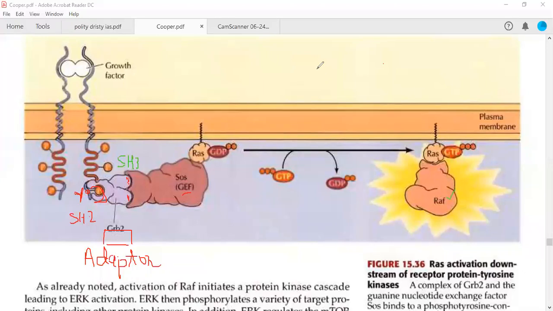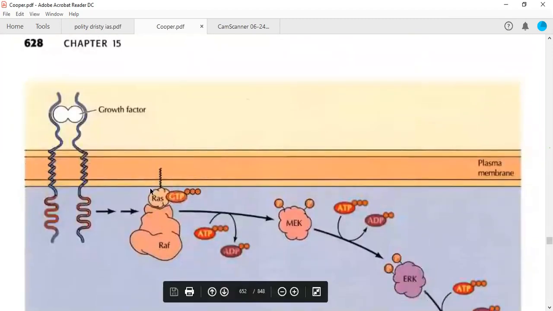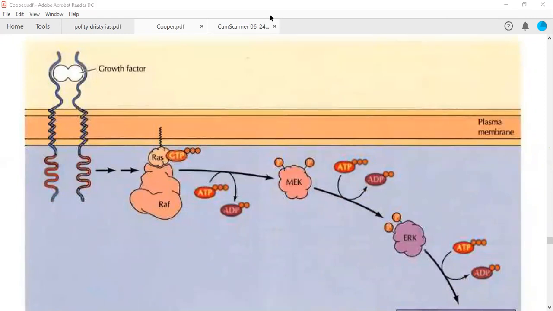Now we will move to another diagram over the last page where we have left off. So remember, this RAS and RAF are forming a complex, and this RAS, which is the active form because it is the GTP bound form, is activating another downstream protein called RAF. So this RAS is activating this RAF, and this RAF is actually a kinase. Once it is activated, I'm changing color and writing here, this is either a serine or threonine kinase.